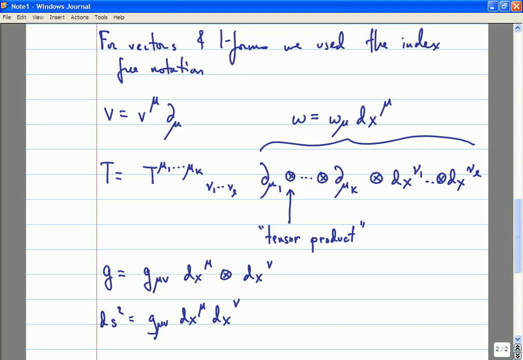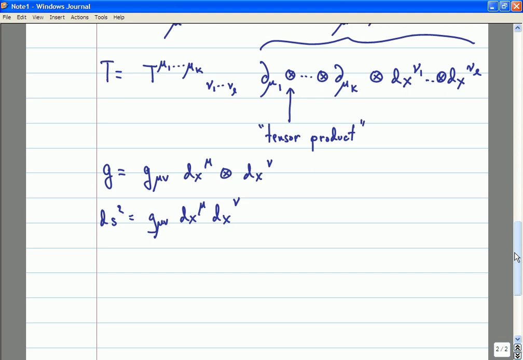Okay. Now, I told you that we're going to formulate all of the laws of physics in this course in terms of tensors. So, because of that, it's very important to understand what sort of operations I can perform on tensors. What can you do to tensors in order to form another tensor?